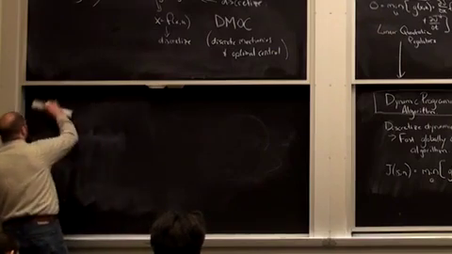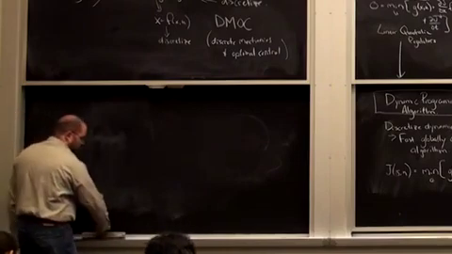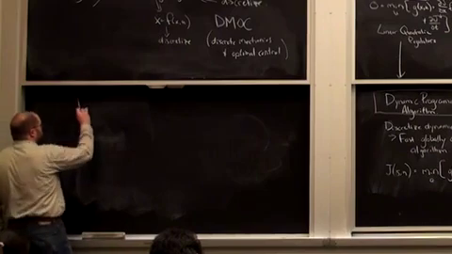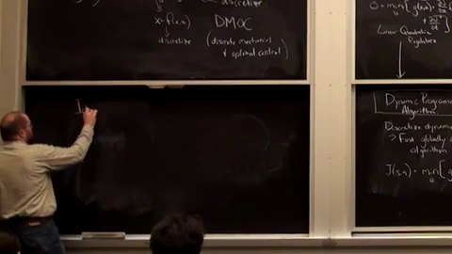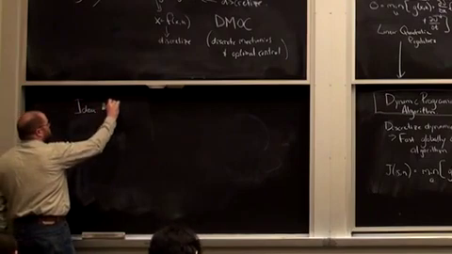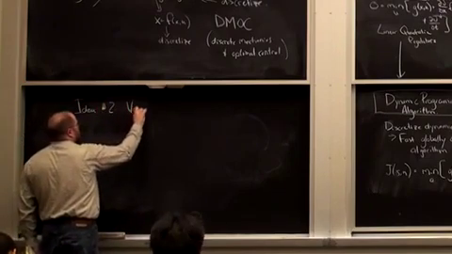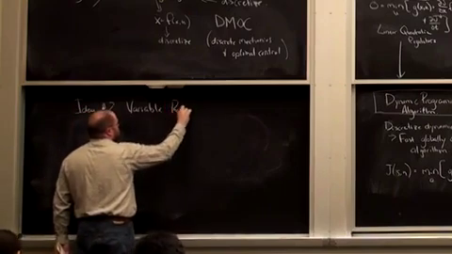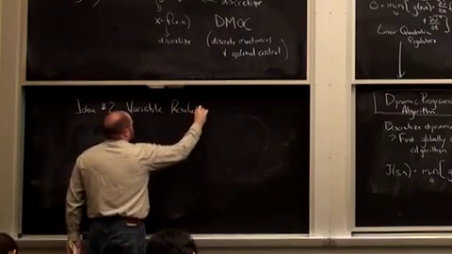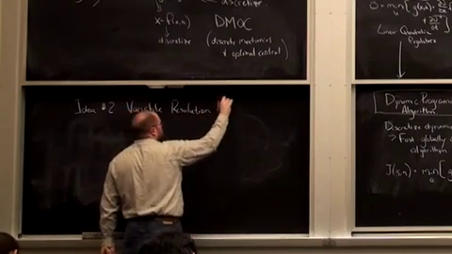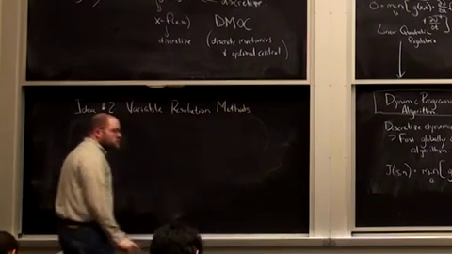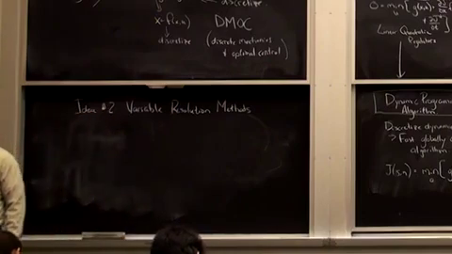If your problem is just that your discretization is bad, another big idea is variable resolution methods, which says, let's stick to our guns.